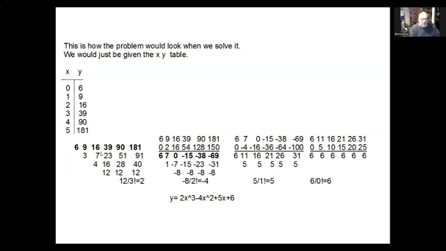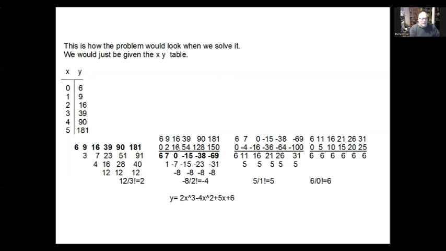Then we take this over here and we want to subtract out the cubes. Since 0 cubed times 2 is 0, I have to be a little bit careful here.